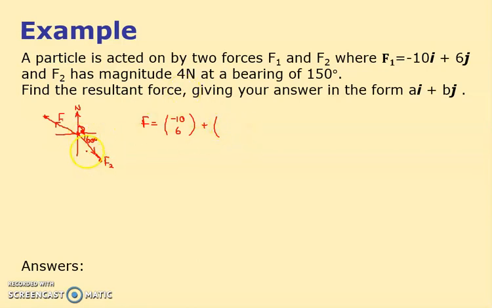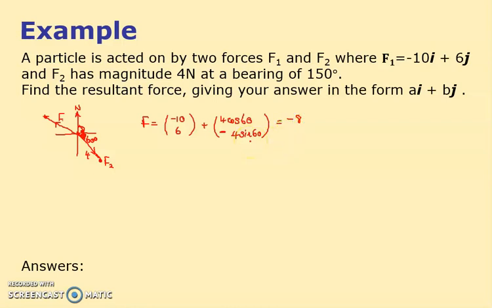It was a length of 4, so I'm going to say it's 4 cos of the angle to the horizontal, which I think is 60 degrees. That angle there is 60. And it's going down, so it's definitely a minus, and therefore it's minus 4 sin 60. So if I do those numbers, let's just type that in: minus 10 plus 4 cos 60. I get minus 8.